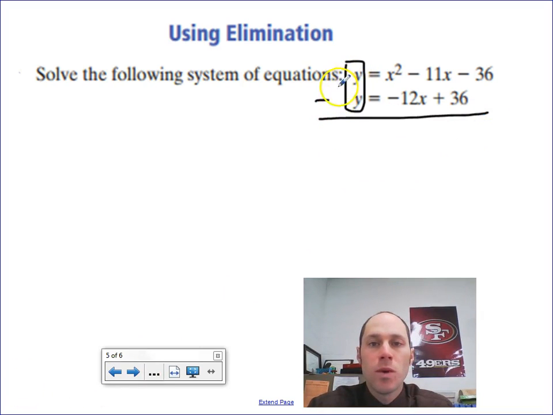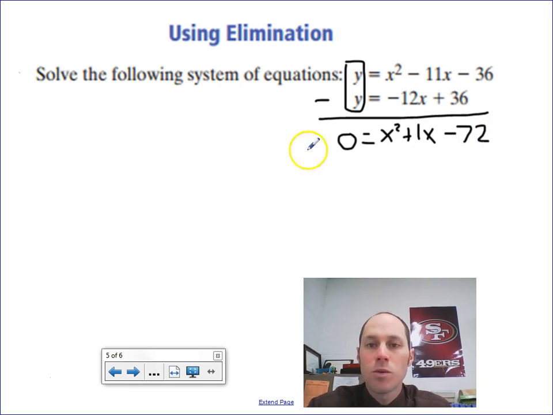In so doing, the y's cancel out, so I'm left with nothing on the left side. There are no x squareds in the other equation, so I just have x squared. And negative 11x minus negative 12x is positive 1x. And then negative 36 minus positive 36 is negative 72.